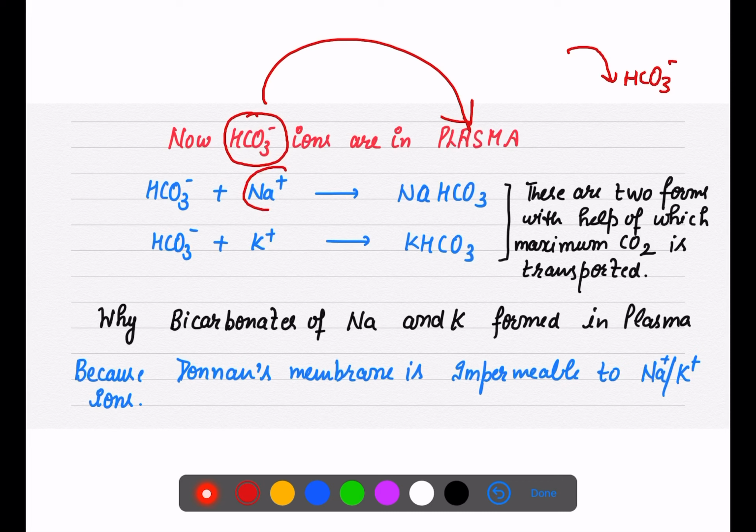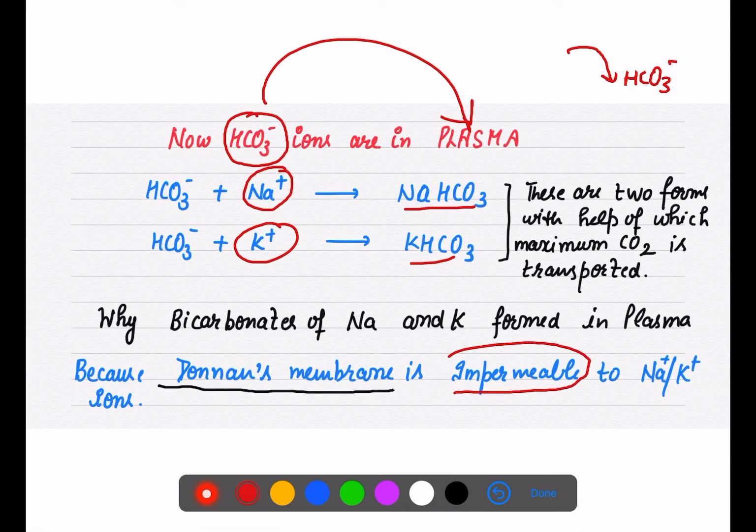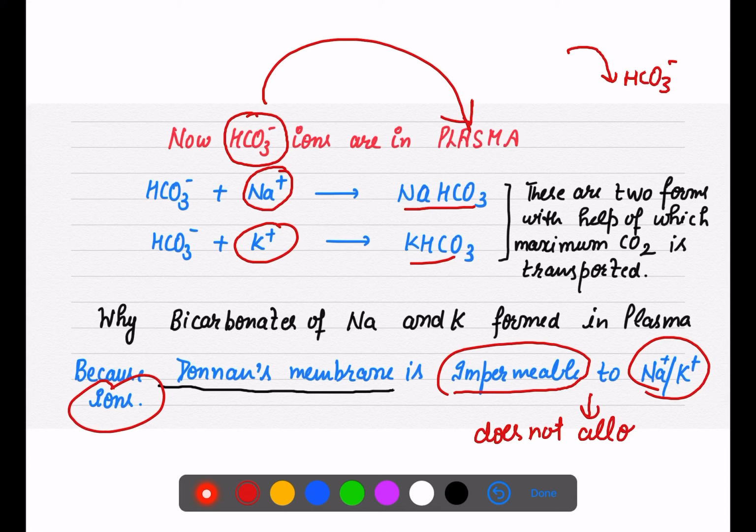They react with sodium and potassium, and form sodium bicarbonate and potassium bicarbonate. These two forms are formed outside in the plasma. Why can they not be formed inside the RBC? Because Donnan's membrane is impermeable to sodium and potassium ions. It does not allow the entry of sodium and potassium ions.